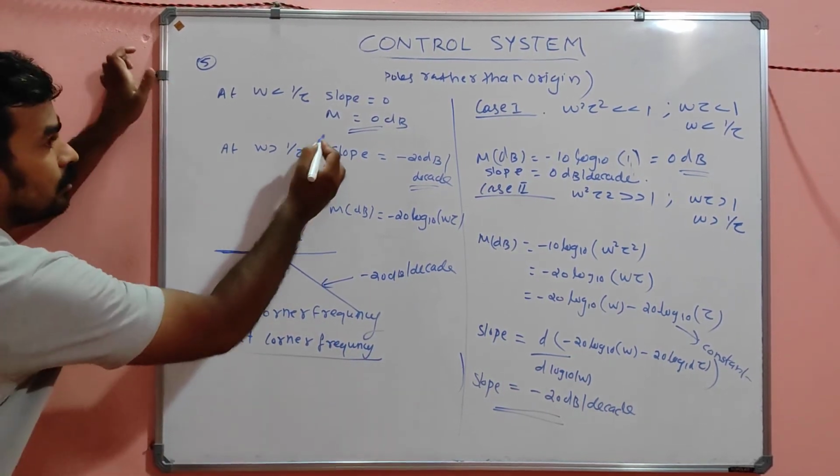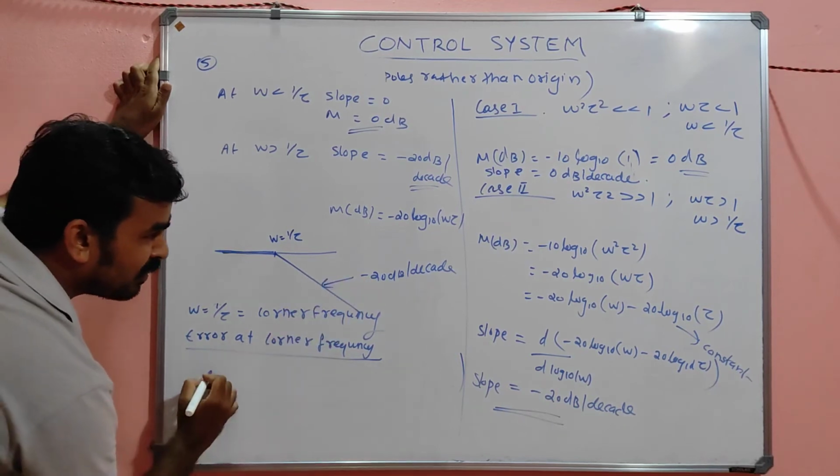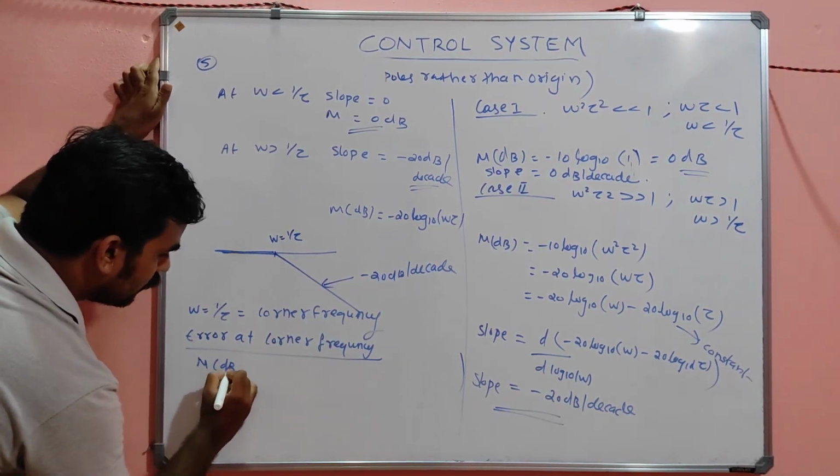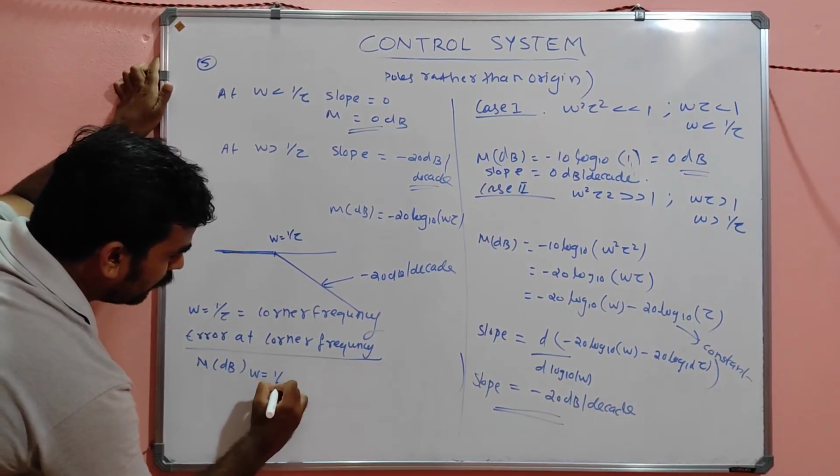That means the magnitude will be, my dear, M dB at omega equal to 1 by tau, which you have to calculate.